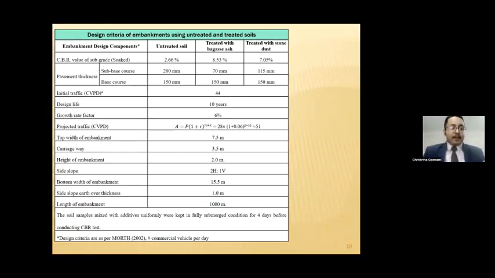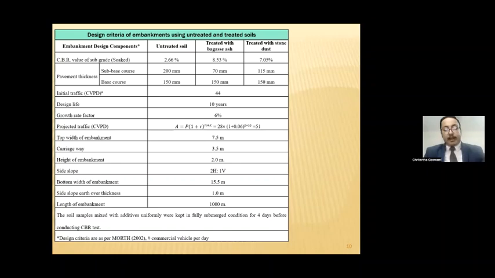So in the next slide, you can see the design criteria of embankments using untreated and treated soils. Highways are considered of national importance and require periodical maintenance. In rural areas of Assam, India, constructing a pavement requires higher thickness of base course and sub-base course to provide adequate drainage facility, which undoubtedly increases the construction cost.